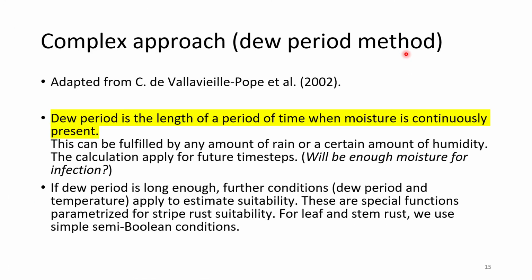And what about a really complex method? Is the previous one enough, or do we want to go further? In our work, we adapted a method that we call the U-period method that basically asks the question: will there be enough moisture for infection in a period of time?